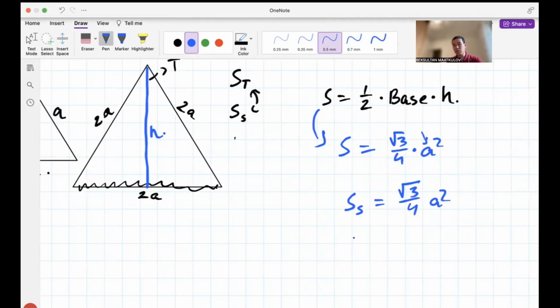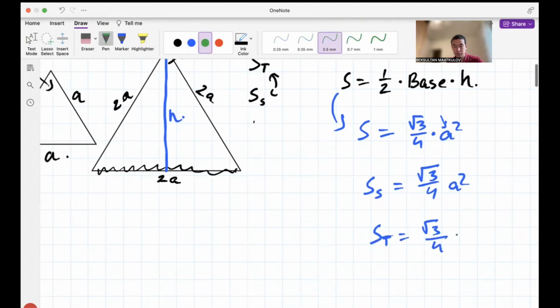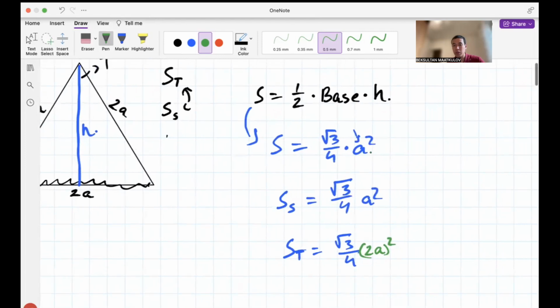And what is the area of triangle T? What should we write here? 4a squared. Yes, 4a squared, but before, let me write 2a raised to the power of 2. Here we are taking 2a because 2a is the length of the side. Basically, in the general formula, let me write side so you're not confused. Side squared.